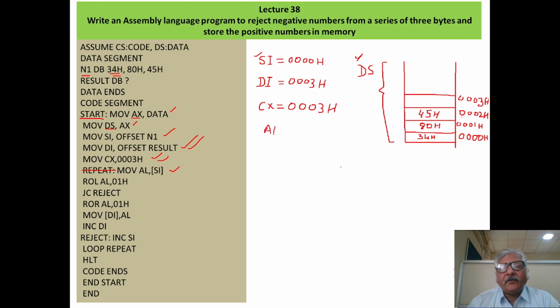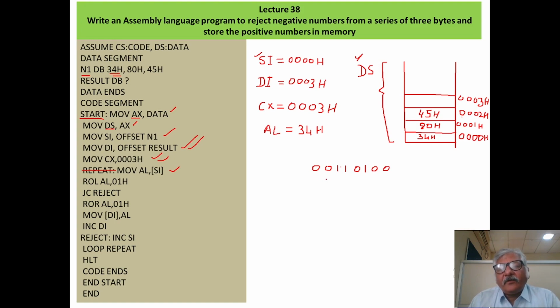So in AL we have 34H. I will write it in binary: 3 is 0011 and 4 is 0100. So this is the value of AL.